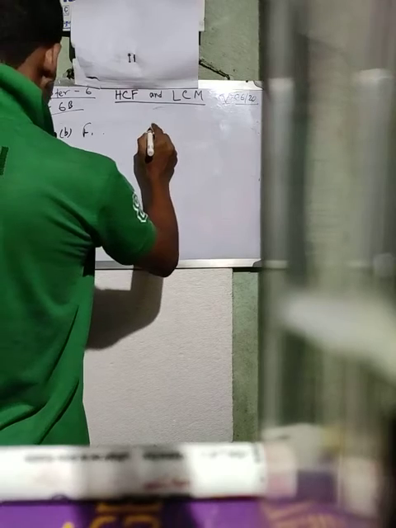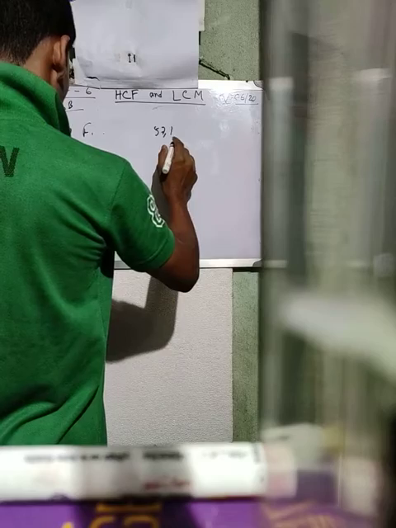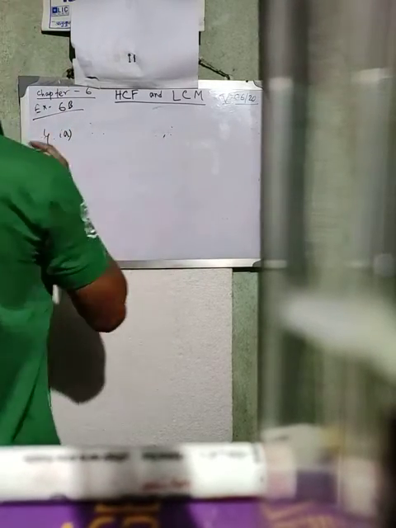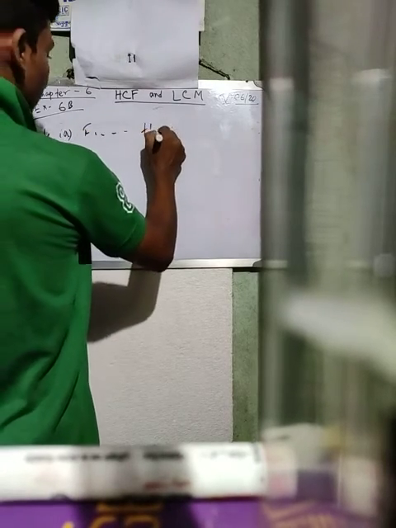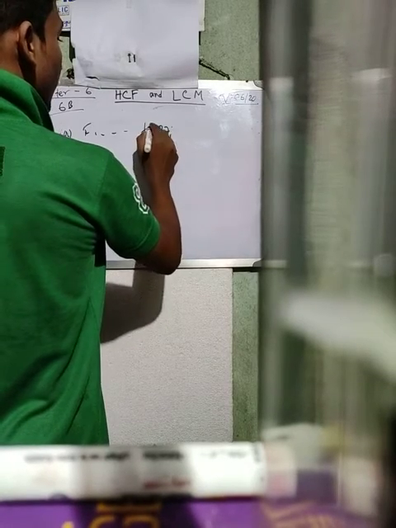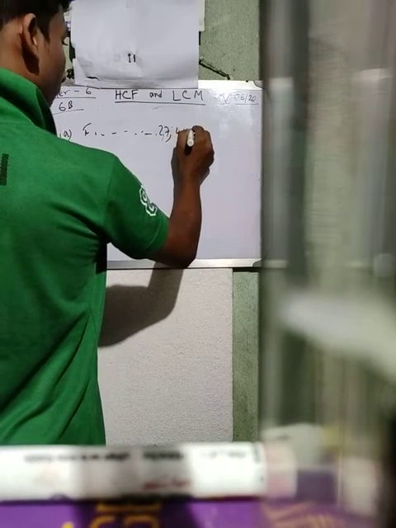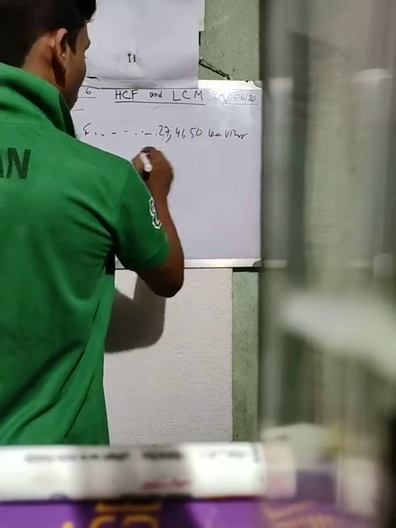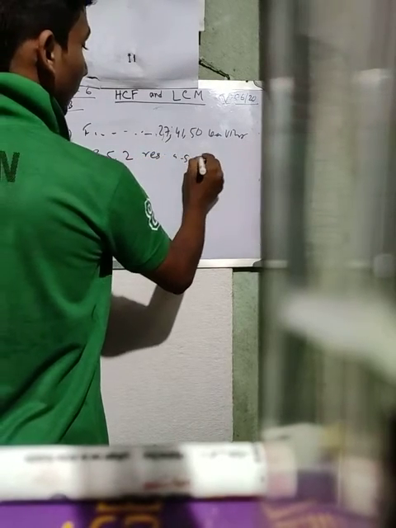Find the greatest number that divides 27, 41 and 50, leaving 3, 5 and 2 respectively as remainder. The previous one was A. You have to do sum B.